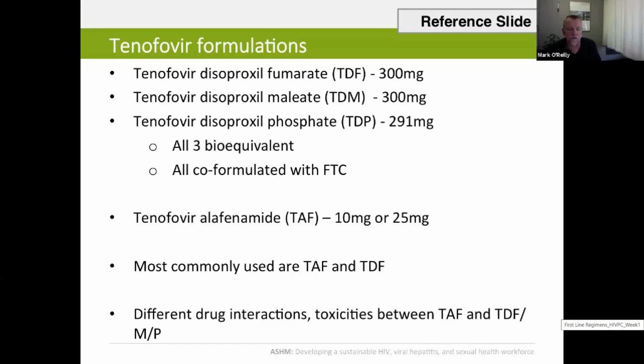It's important to note that for HIV treatment, the majority of people taking tenofovir will be on a TAF-containing treatment, either 10 if they're on a boosted regimen or 25 if they're on an unboosted regimen. But at the moment for PrEP, pre-exposure prophylaxis, it is a TDF-containing regimen. In Australia, TAF is not reimbursed as part of a pre-exposure prophylaxis regimen.